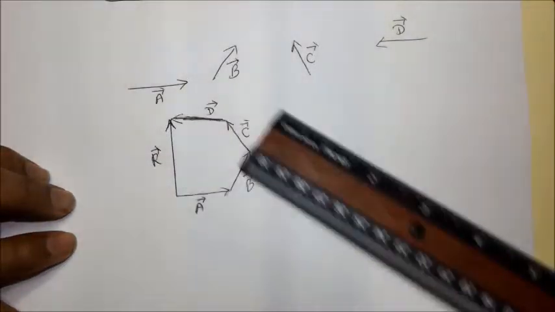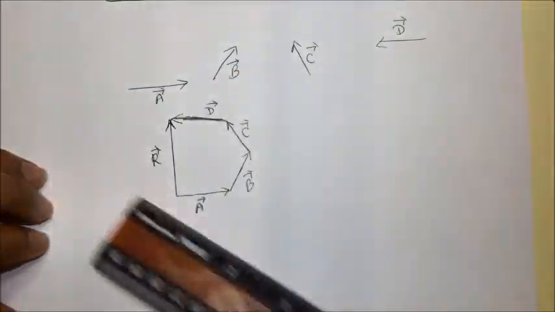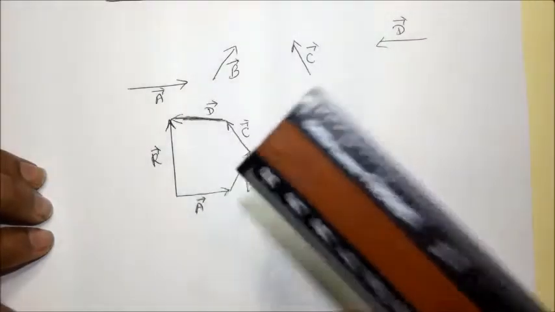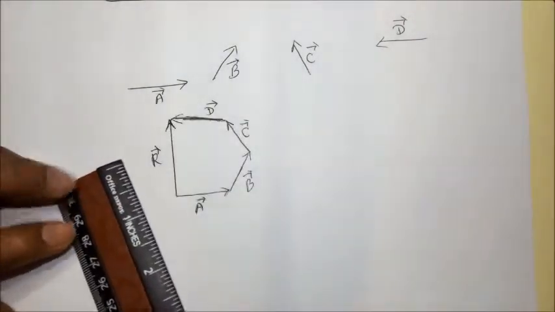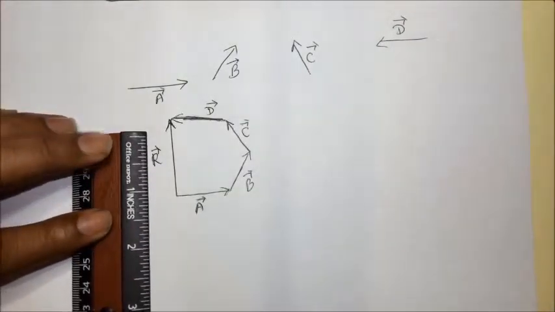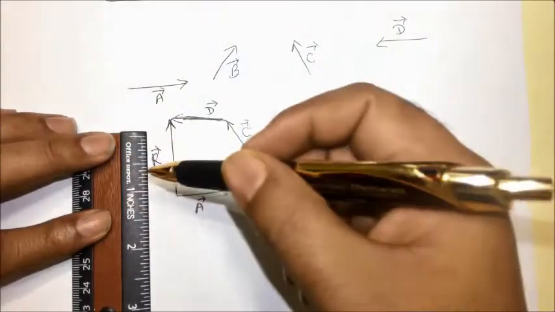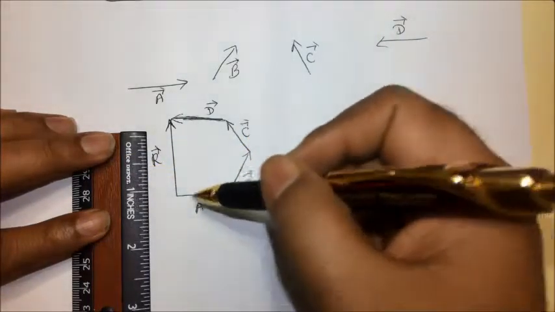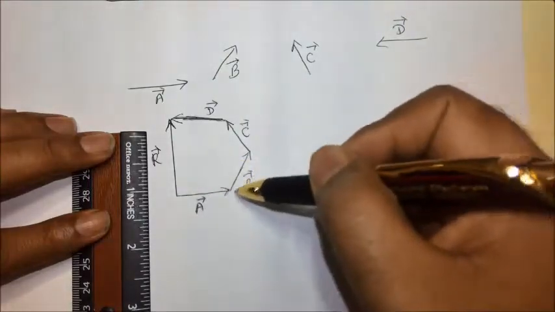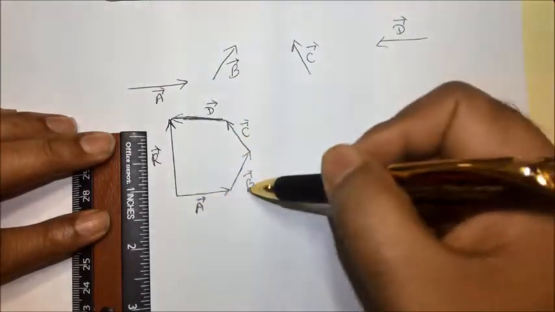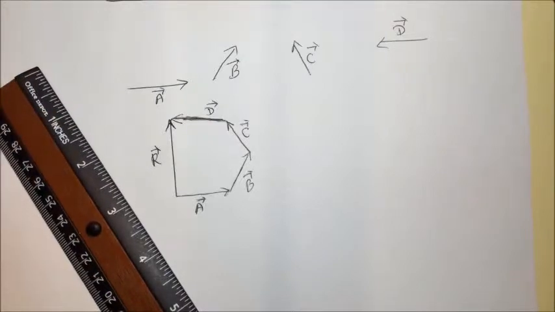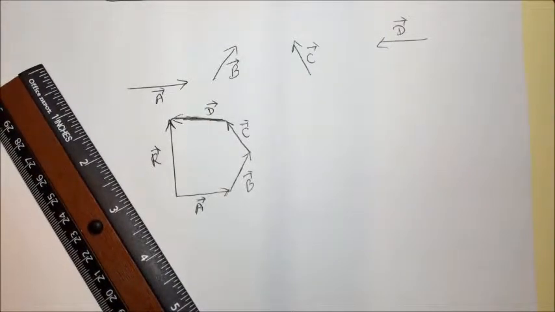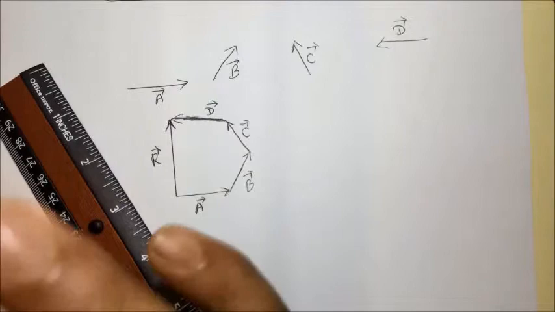One has to take extra care while drawing these vectors. If you make a mistake in drawing, your resultant will not come right. There will be error in the resultant. Its direction can change if your directions or lengths are not proper. One has to be very careful while doing vector addition graphically.